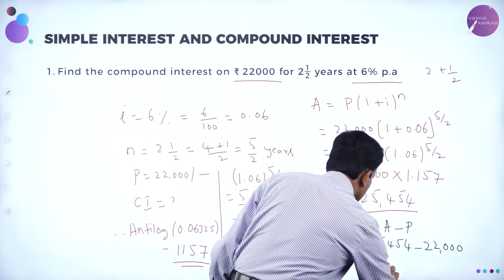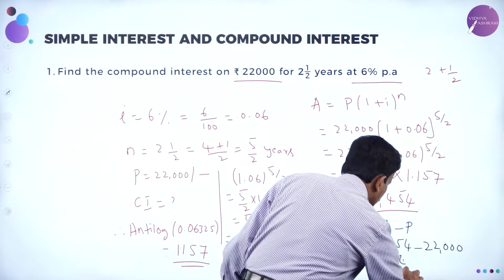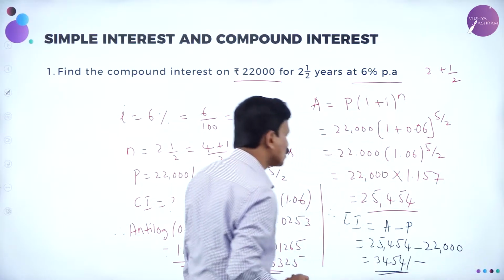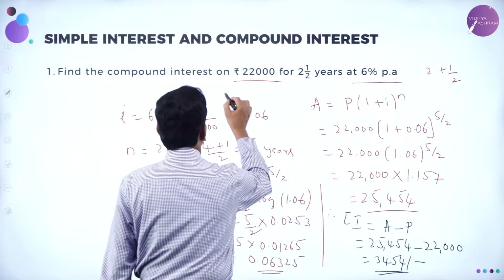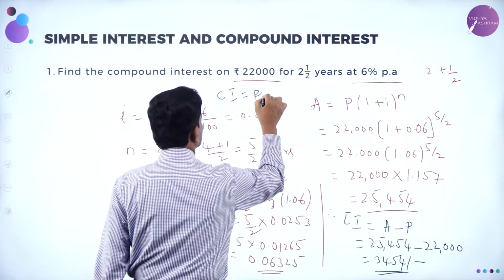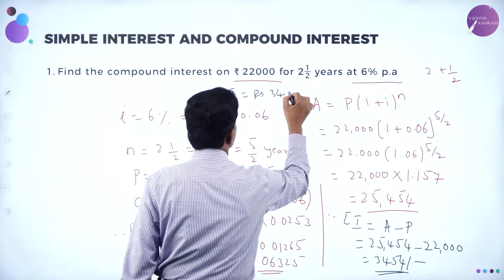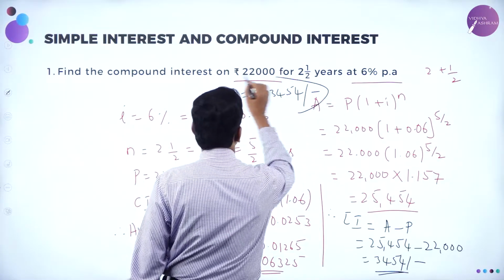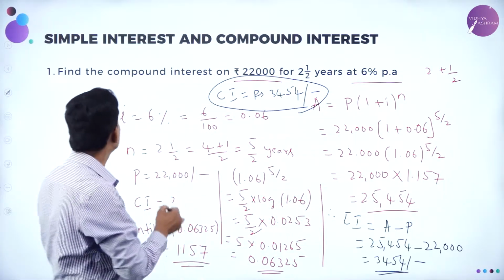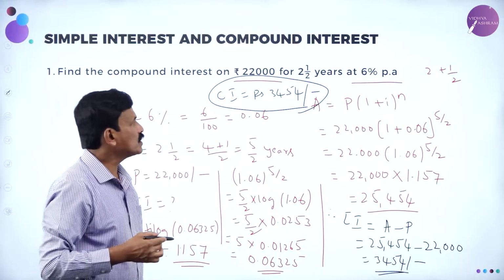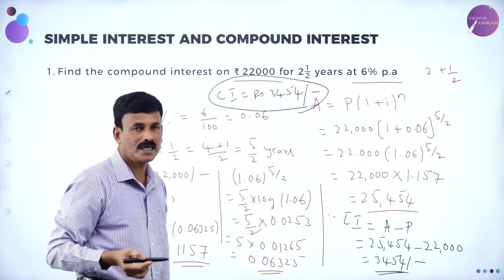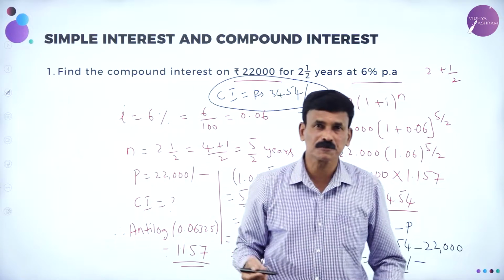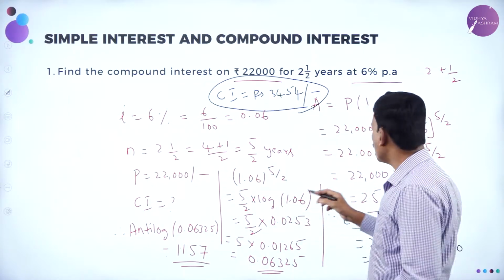So this is equal to 3,454 rupees, which is the compound interest. So therefore, the compound interest is equal to rupees 3,454. This is the compound interest for 22,000 at 2.5 years at the rate of 6% per annum. Hope you followed. That's it, right? So very simple. Just find out the amount.